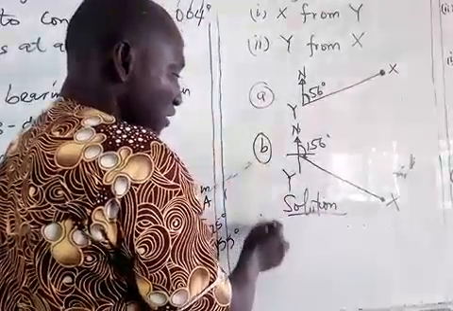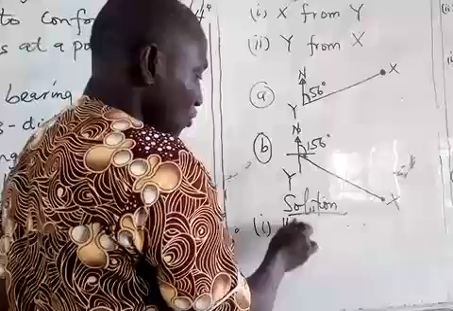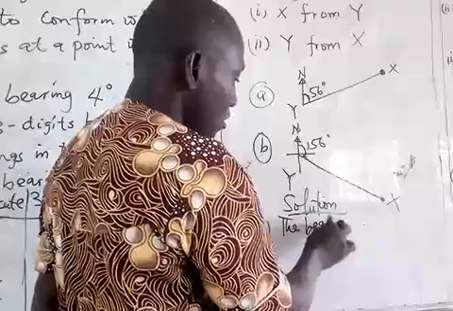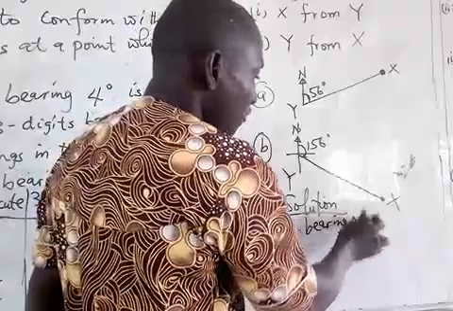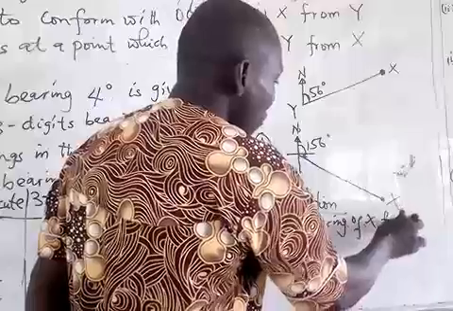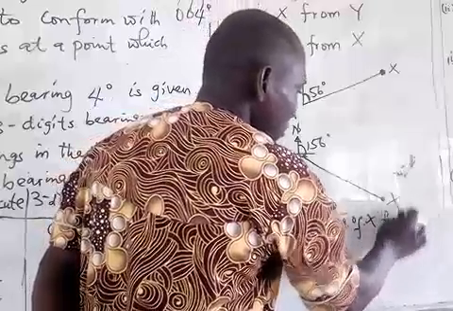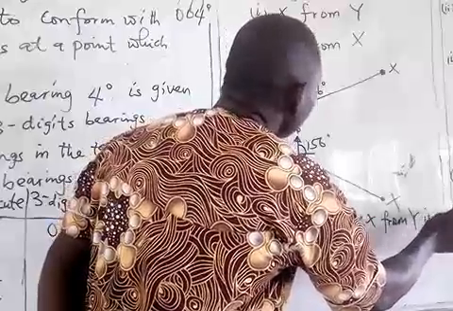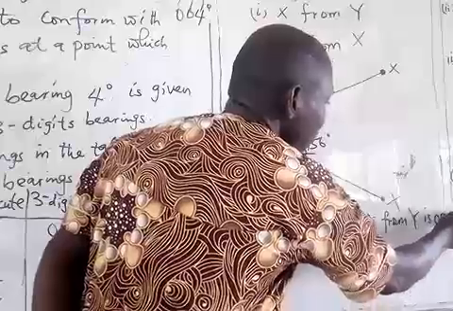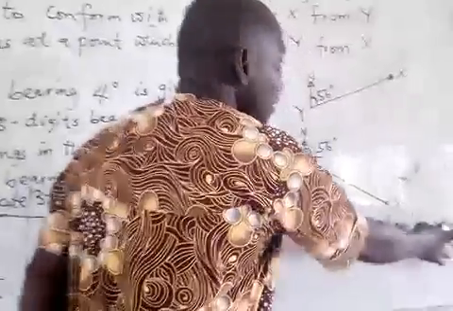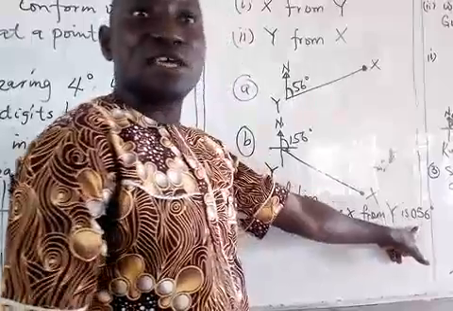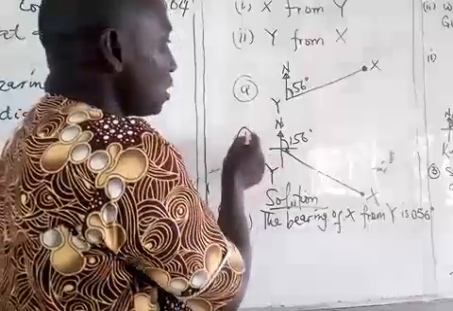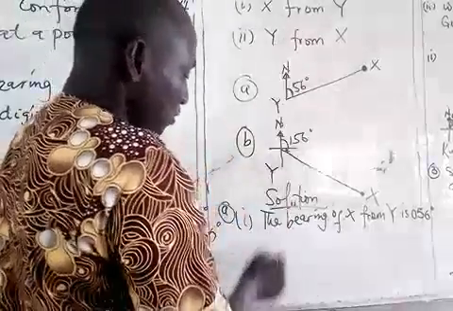So the bearing there is 56 degrees. You don't need to write any other thing. The bearing of x from y is 056 degrees. You can see this now stated as a 3-digit bearing. So we are expected to take this in 2 ways.